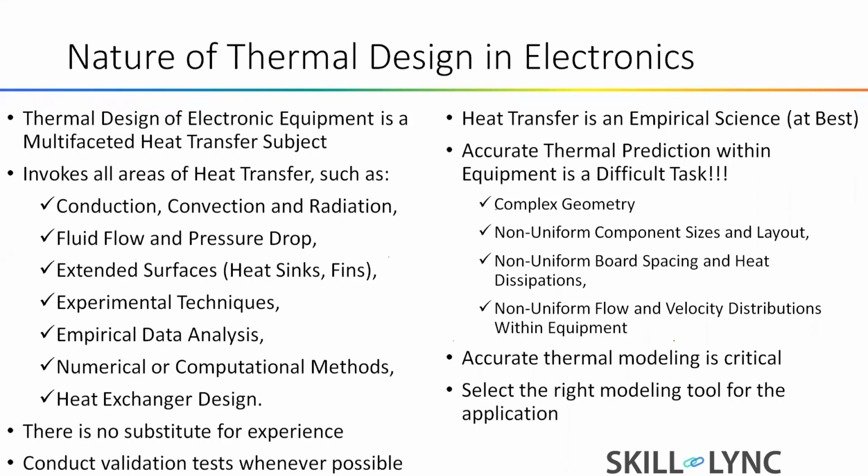So accurate thermal modeling is critical, and in the design phase we have to be very sure of this. If we have proper input data, proper network models and proper thermal models, it will be much simpler to do the thermal analysis, and the results will also be more reliable.